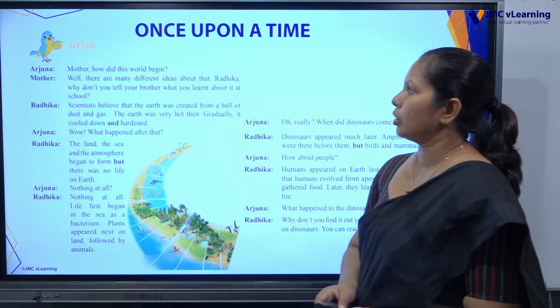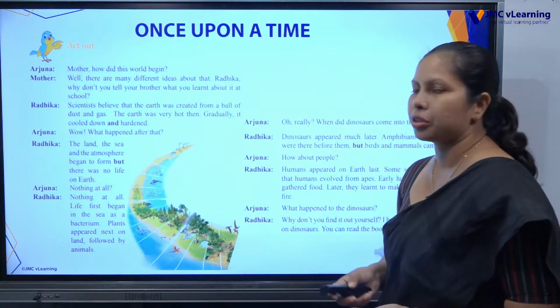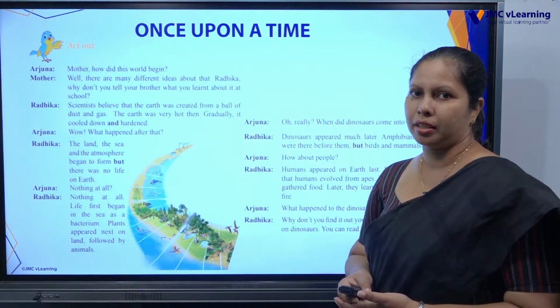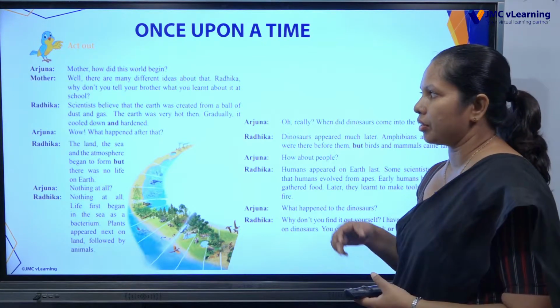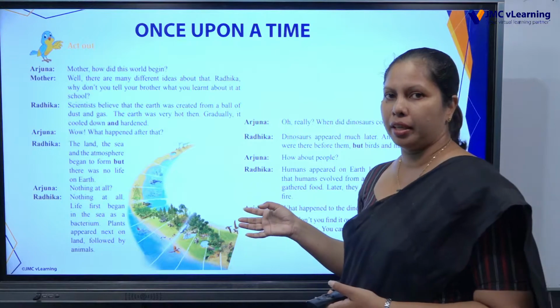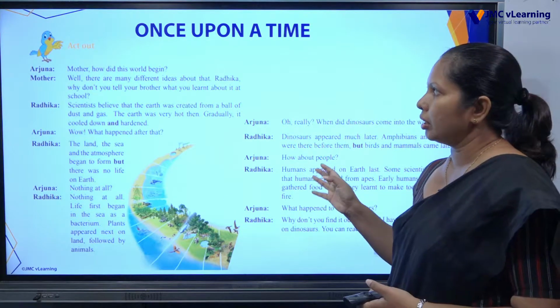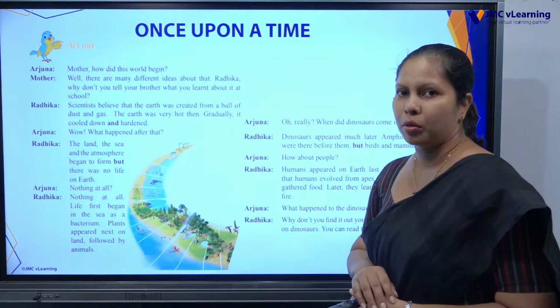Okay, so Arjuna is asking how did the world begin? Then mother is telling Radhika to explain to her brother what she learned regarding the beginning of the world.